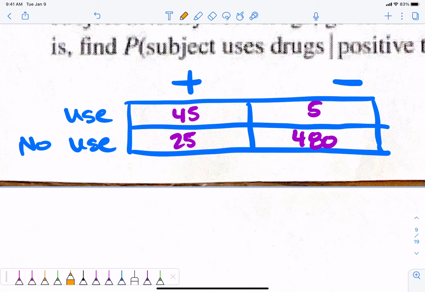So how many total people were positive? Are you still writing? I'll give you a second. 70. Maddie's got it for us. This is just the table from the back, so we don't have to keep flipping back and forth.